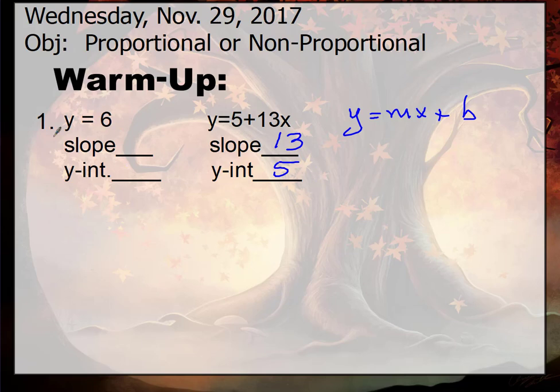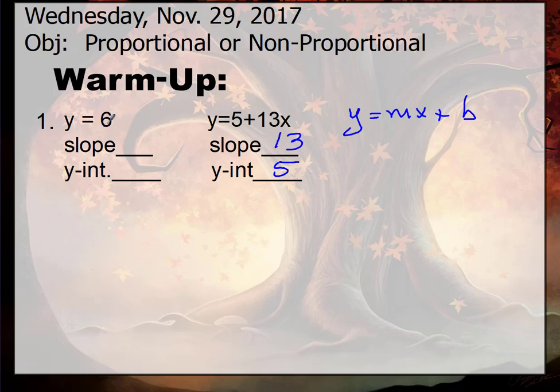So when we look at this other one here, what is our slope going to be? Well, I don't have a number that has an x with it, so let's come back to the slope. We'll think about that one in a second. Now what about our y-intercept? In the other problem, it was the one that was by itself. Well, that's all I have right here, the 6 that's by itself.